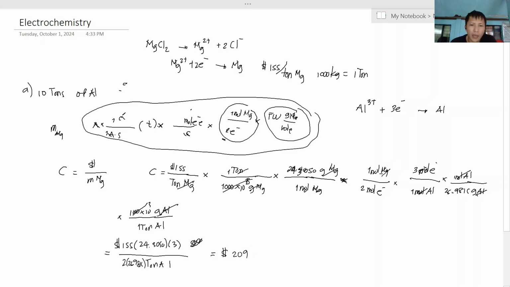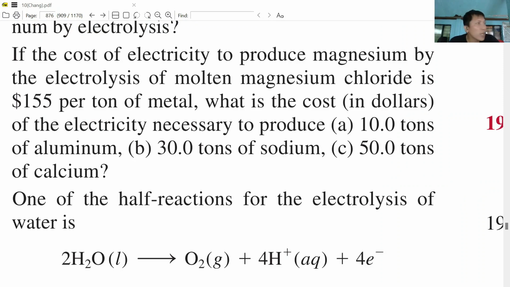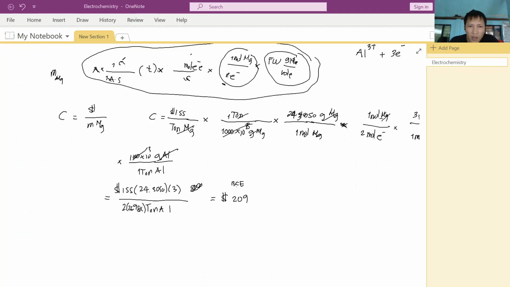Anyway, $209. I think I didn't include the 10 tons, so I'll just have to correct it. So this is per ton. This is correct: 209 per ton of aluminum. Then we multiply it by 10 tons of aluminum.